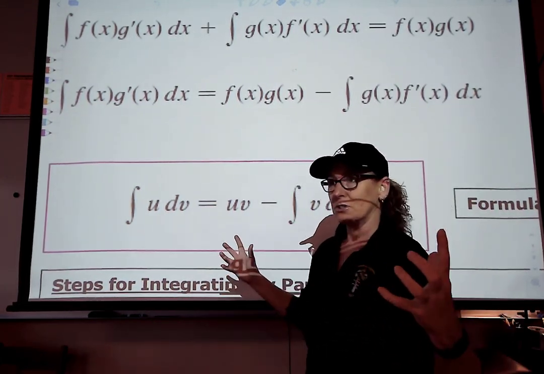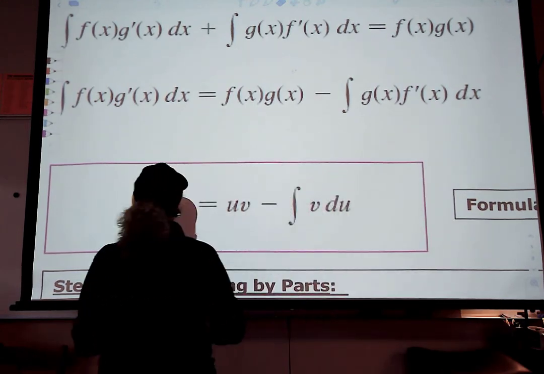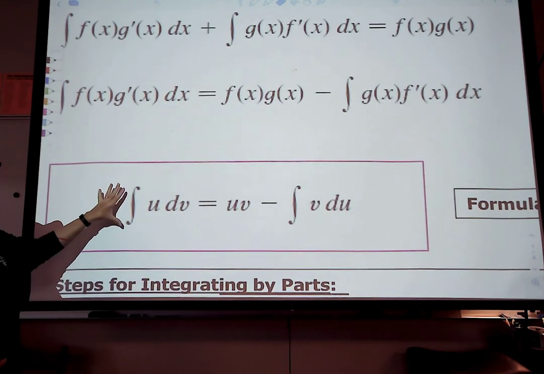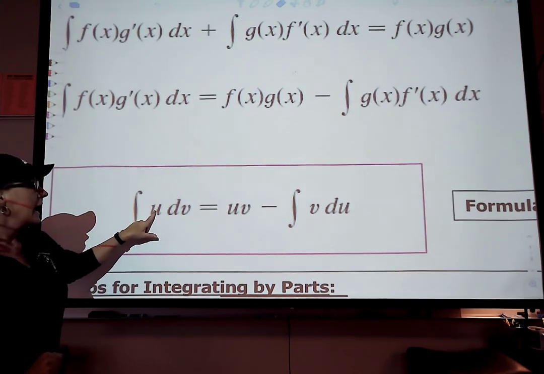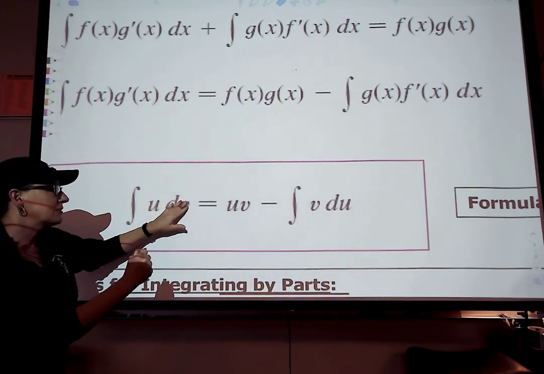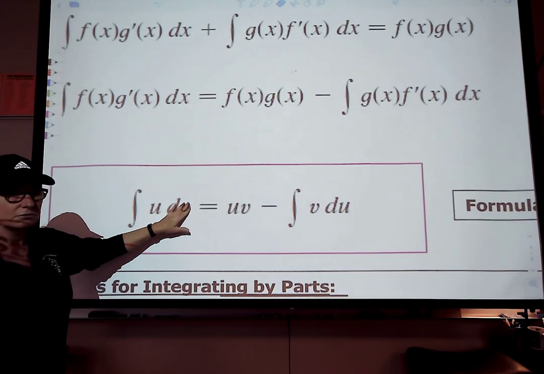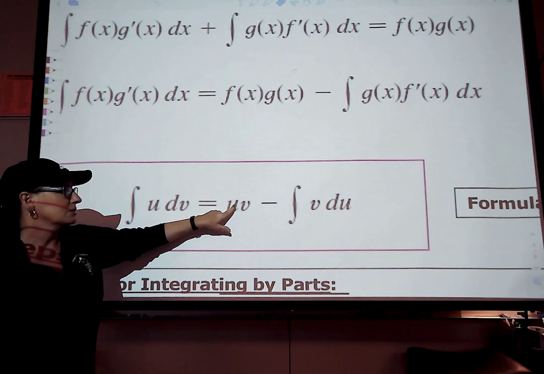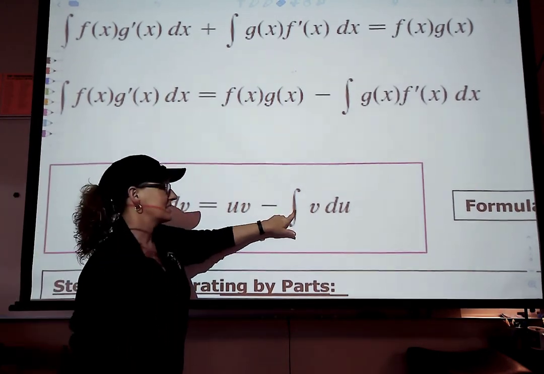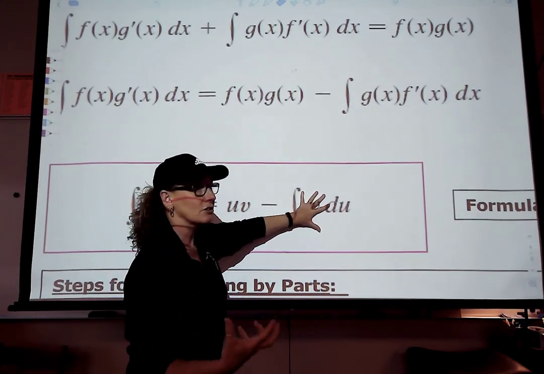Let me use simpler terms. U's and V's, ready? We're going to attempt an integral of a function and what appears to be the derivative of another function. To do that, we're going to take this original times this original minus this integral. This integral is going to be doable.